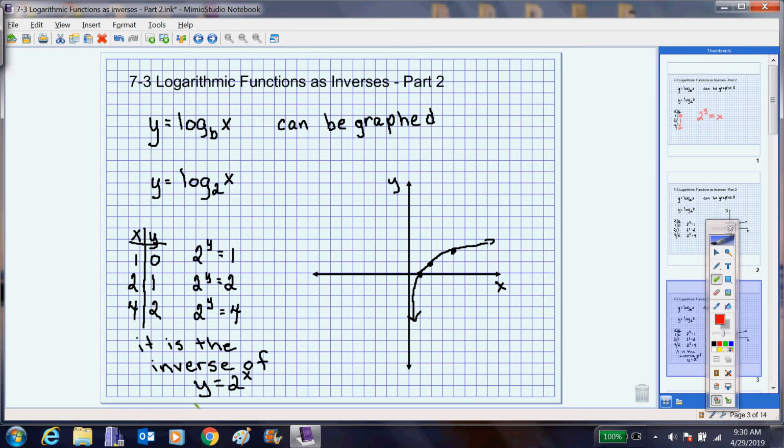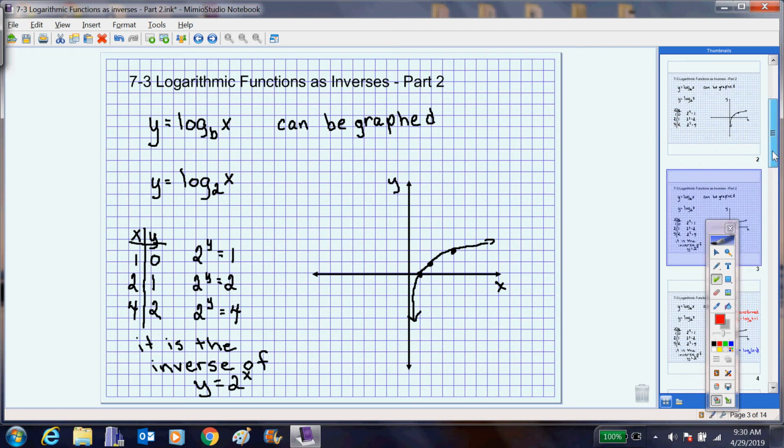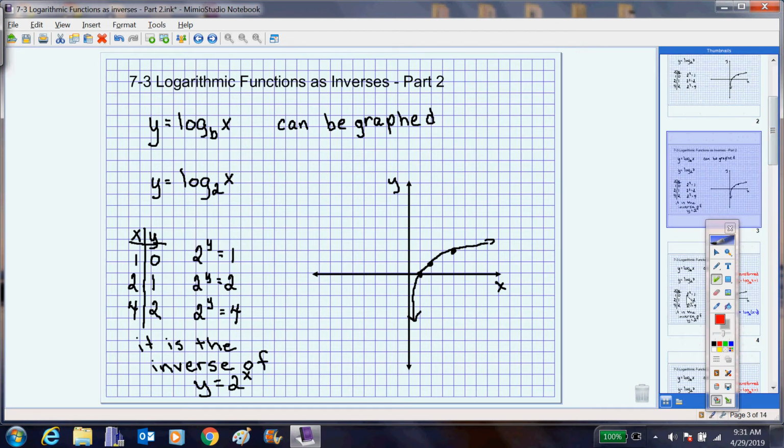The x and y got switched when you do that. So really, when we think about it, remember inverses, there's that imaginary line that goes through. Very, very nice that that comes out like that. So you should jot that in.